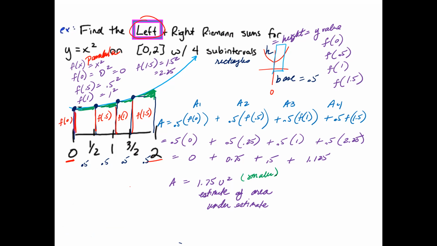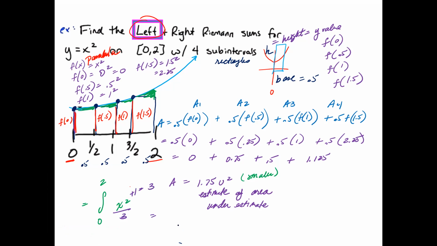Now, if you were to find the actual area, you would probably do the integration of x squared between 0 to 2, and that will actually give you the complete area. So if I were to go ahead and do that, you would just do the reverse of the power rule. So 2 plus 1 equals 3 divided by 3.